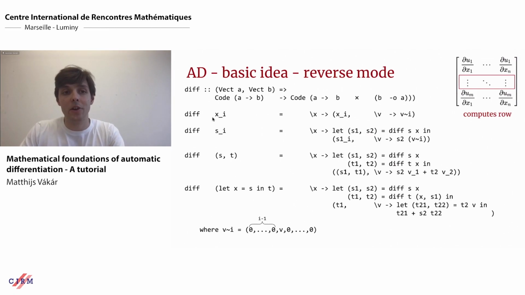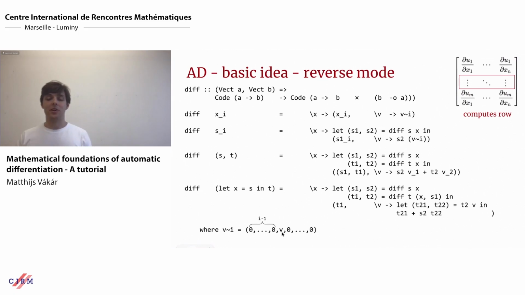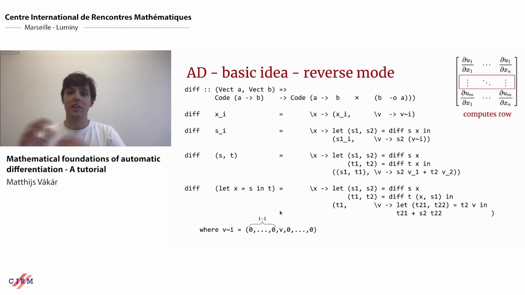Now the thing to notice is that the derivative of a projection becomes a kind of injection. The derivative of projecting on the ith component becomes generating a sort of one-hot tuple that has a bunch of zeros in it and has v in the ith place and otherwise zeros, right? That is, again, because we're implementing the transpose derivative of a projection matrix.